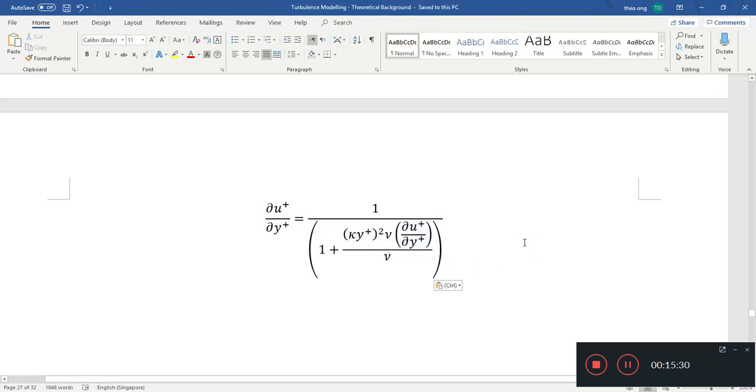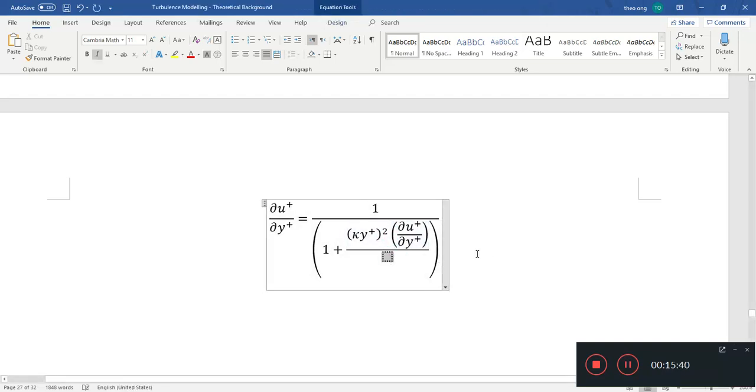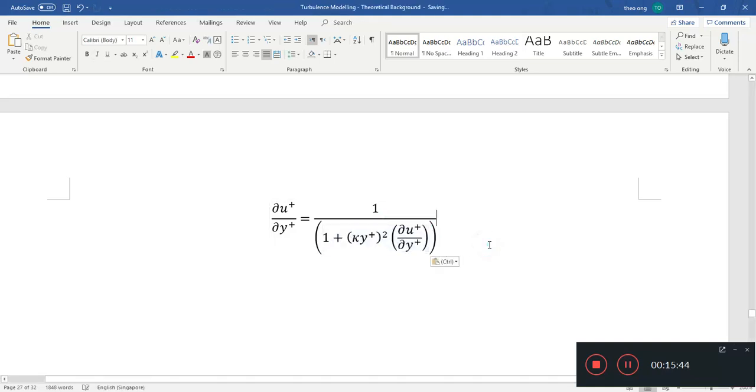So that is how we get this. Then of course we can do some changes here, so we can have an equation in this sort of form.